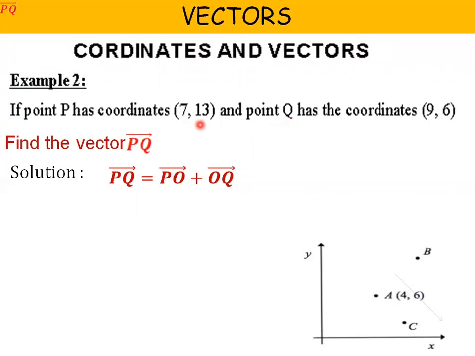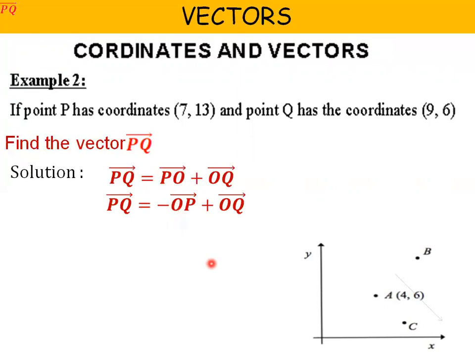So the vector OP can easily be gotten from that, but now I have vector PO. Of course, vector PO is not given, but I can always get that from vector OP. So vector PO will become minus OP, because minus OP is exactly the same thing as PO. That's the reverse vector.